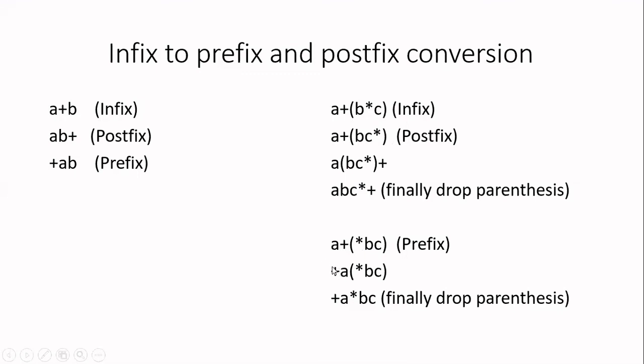So first I will have plus, then write both the operands one by one. So write a, then write parenthesis star bc. And finally, to write the answer, you drop the parenthesis. So we will have the answer as plus a star bc. So here we are manually converting the expression from infix to prefix and then postfix.